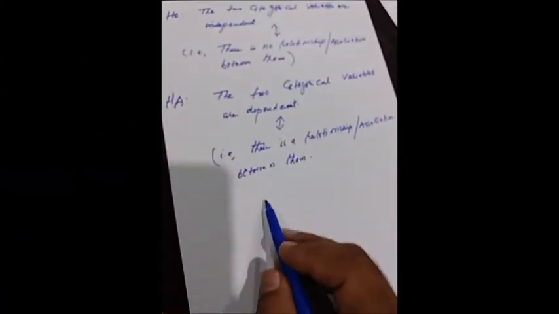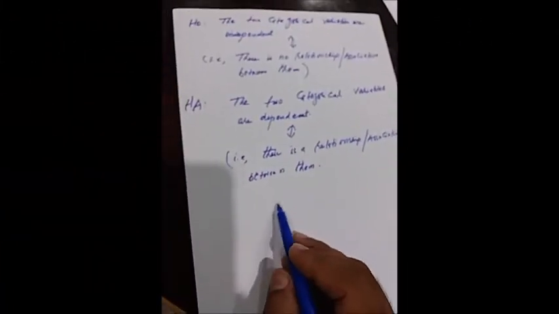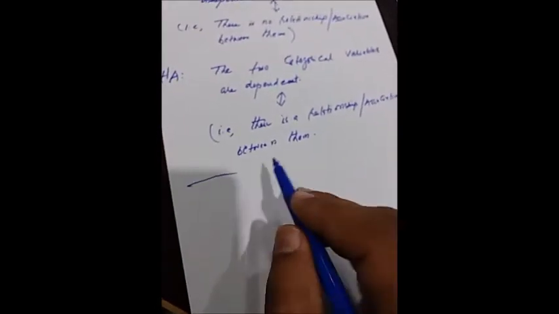We have to use the general formula of the chi-square test of independence.